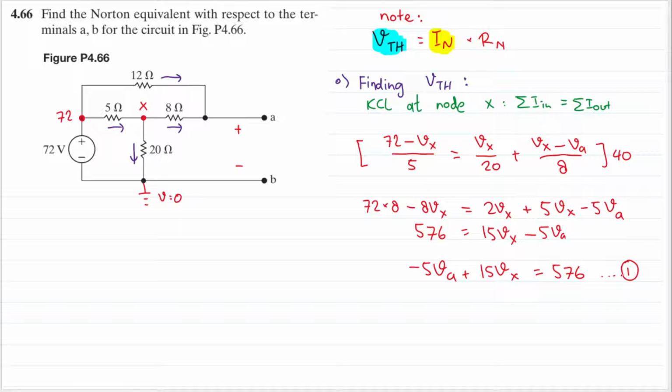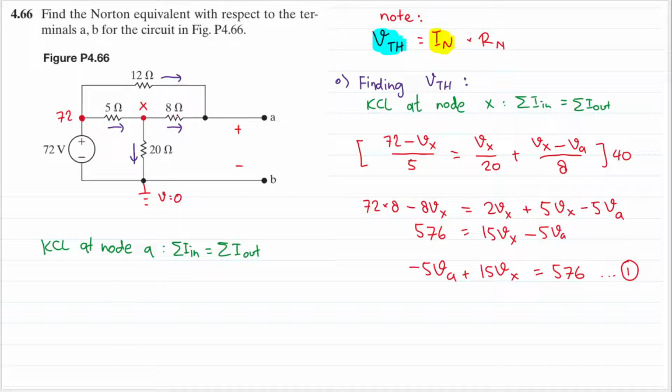Okay, now let's do another KCL, but this time at node A here. Let's do KCL at node A. Okay, KCL said that the sum of the current that goes in will equal the current that goes out. Okay, all the current goes in, so that should equal 0.